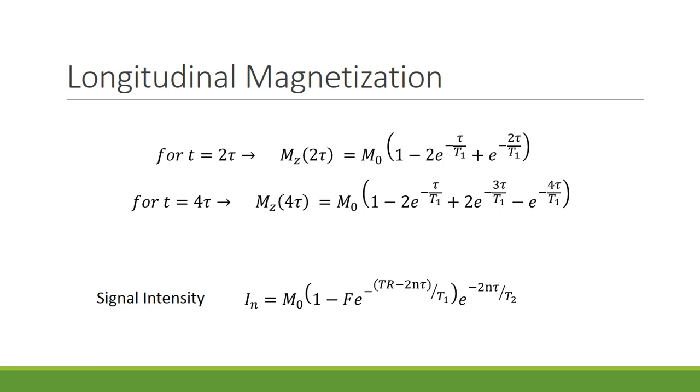That depends on T1, also T2, and TR. In this formula, F stands for a geometrical series that can be calculated from the intensity of the echo times magnetization in z direction.